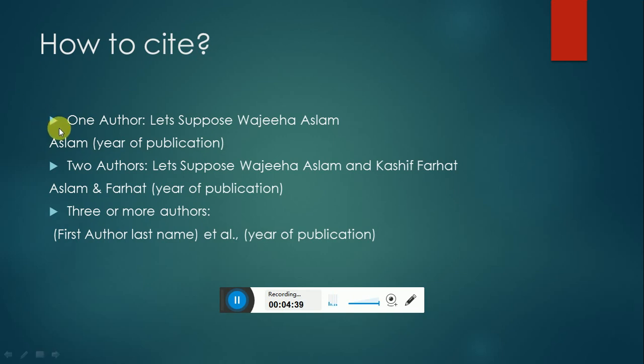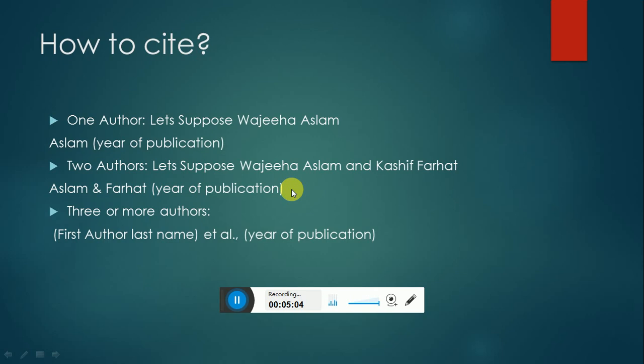If you have only one author in that particular paper, let's suppose Wajia Aslam, then you have to use the last name of the author, that is Aslam, and then the year of publication. If there are two authors, let's suppose Wajia Aslam and Kashif Farhat, then you have to write the last names of both authors like this: Aslam and Farhat, year of publication.